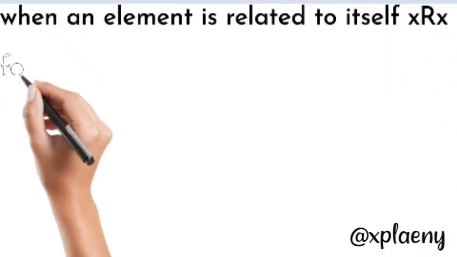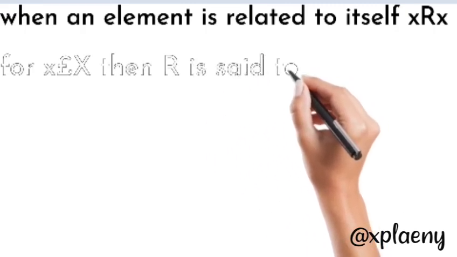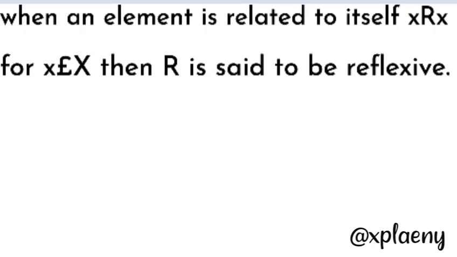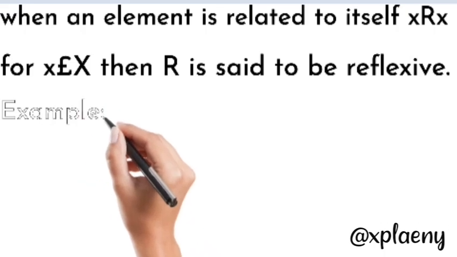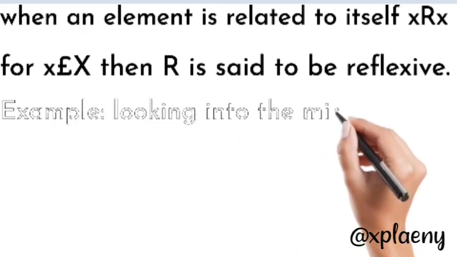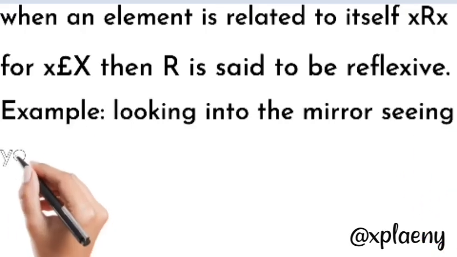You literally see yourself. So it's like you are mapped onto yourself by the mirror. So the mirror is a relation in this instance, where you are x and your image is y. So we say it is reflexive. So it is reflexive in this instance, where x is related to x for x in a set S, it is said to be reflexive.